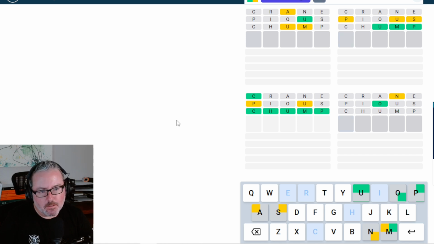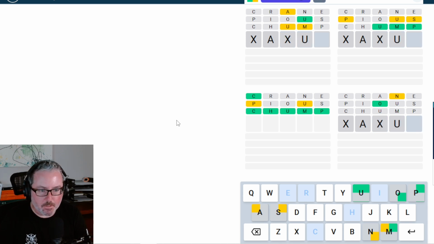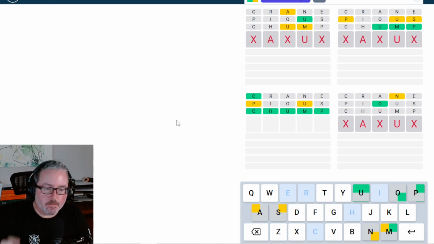So in this instance, it feels like it's going to be consonant, vowel, consonant, that sort of thing. So in that way, it would be like this. But I'm sure there's tons of things that could go in this type of format. But what would those be?